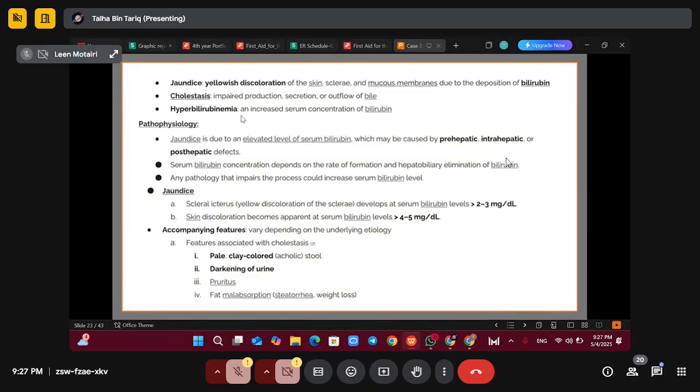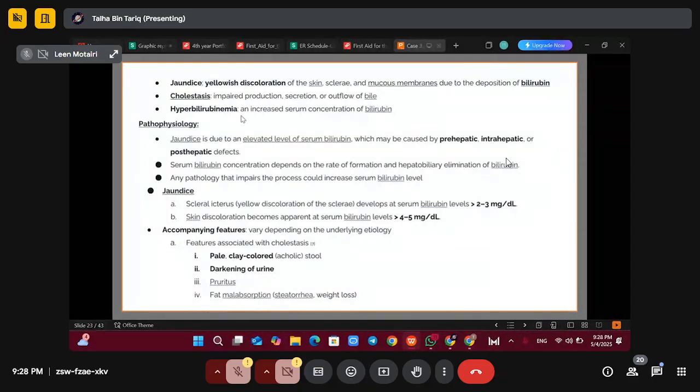Stasis means stoppage, and cholestasis refers to the stoppage of bile. So there can be either impaired production of bile, impaired secretion of bile, or any problem in the outflow of bile. For example, any tumor obstructing the bile duct, or any other causes preventing the bile from flowing out. So, what is the pathophysiology?